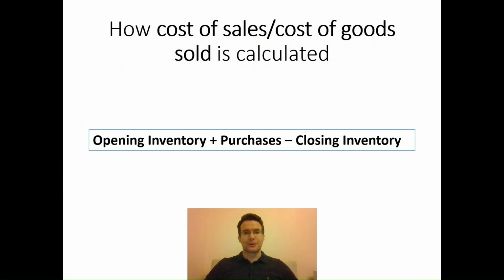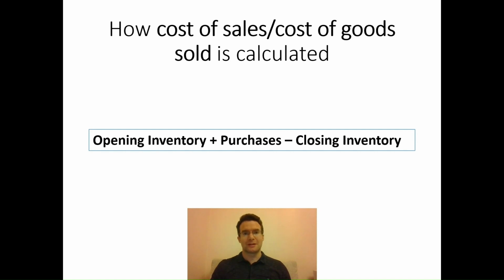So the formula for cost of sales is opening inventory plus purchases minus closing inventory. And the reason why it's not as simple as just the purchases you've made in a certain time period is because you may not have actually used all of those purchases of raw materials to create your sales revenue. For example, let's just say for the sake of argument, you had purchases of £49,000.